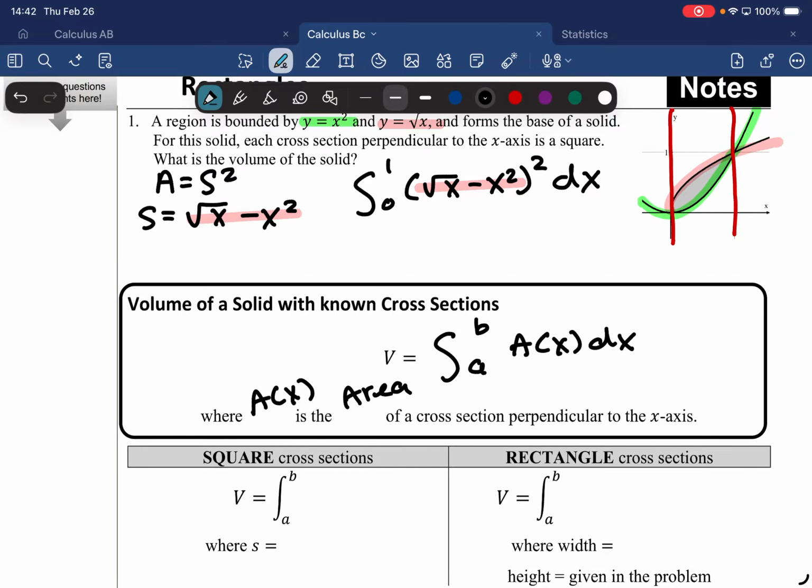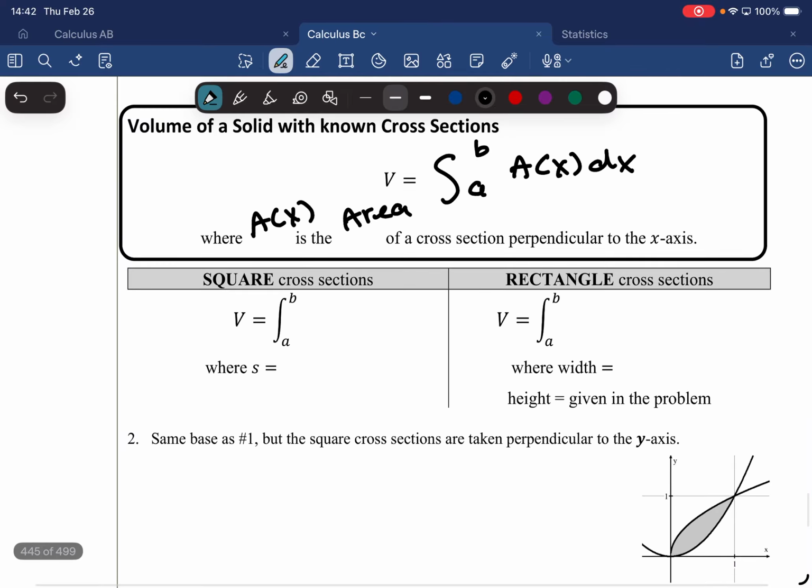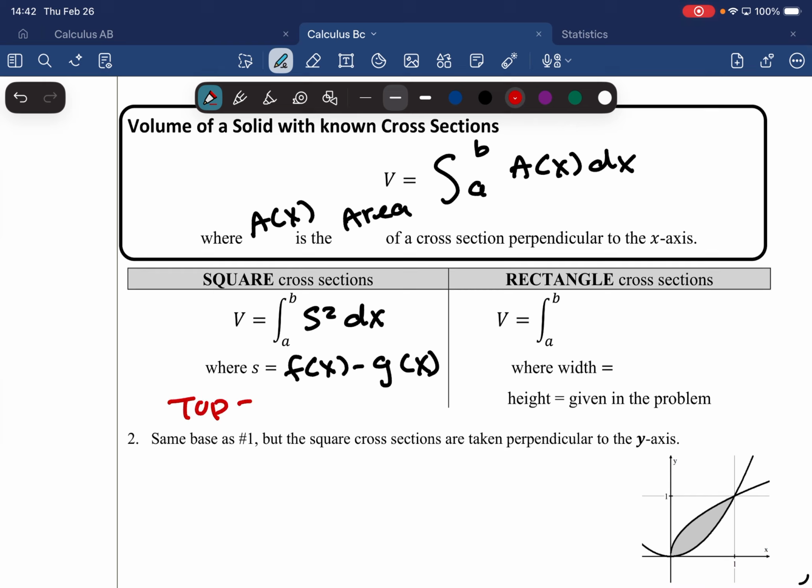For a square cross-section, the volume would be equal to the integration from a to b of s squared dx, the same as how we wrote it in number 1, where s is f of x minus g of x, which is the top minus the bottom function.